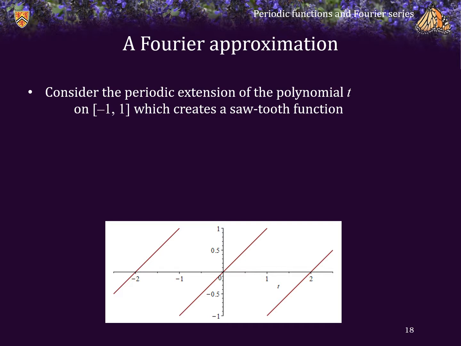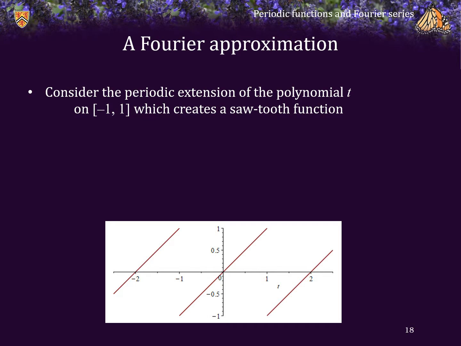Now, consider the periodic extension of the polynomial t on the interval from -1 to 1. So the period is equal to 2, and the function on that interval is simply repeated over and over again on subsequent intervals. This is the sawtooth function.